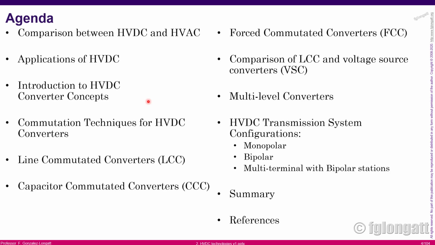Then I will go through several of the different types of converters, starting with the line commutated converters, then go for the capacitor commutated converters. Then I will talk about the force commutated converters, and finally I will make a comparison between the LCC line commutated converters and the voltage source converters, VSC. Finally, a very brief explanation about multi-level converters.